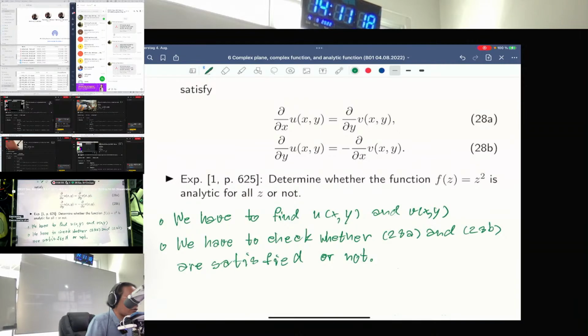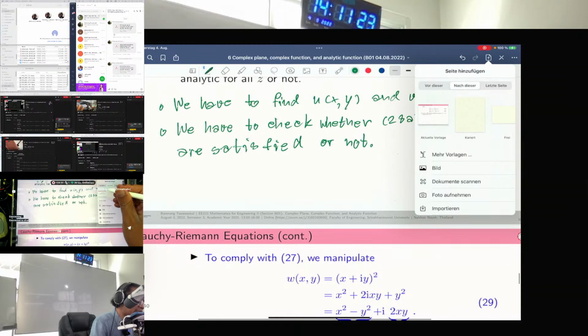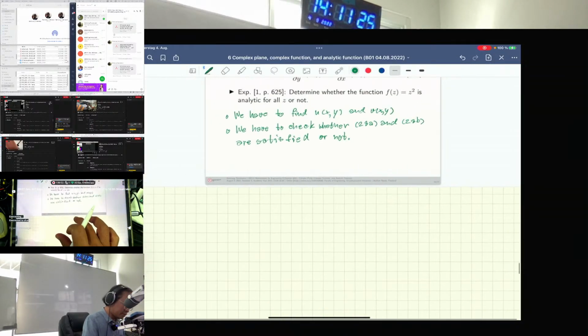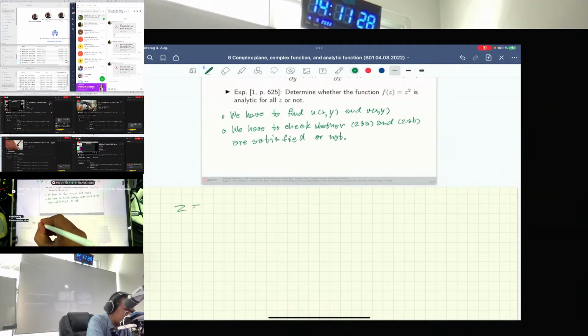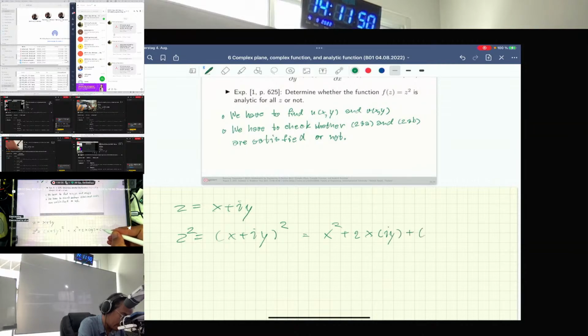Let's first find what u and v are for z squared. You know that z is equal to x plus iy, right? And what is z squared then? z squared means (x plus iy) squared, which is x squared plus 2x iy plus (iy) squared.